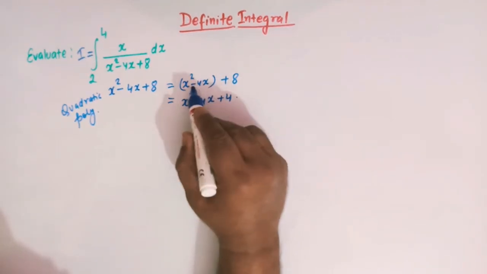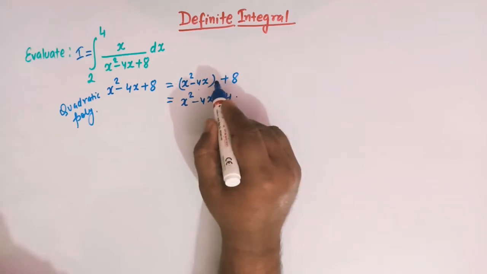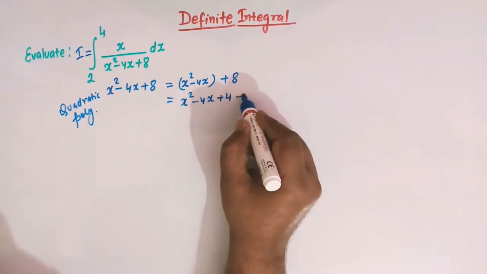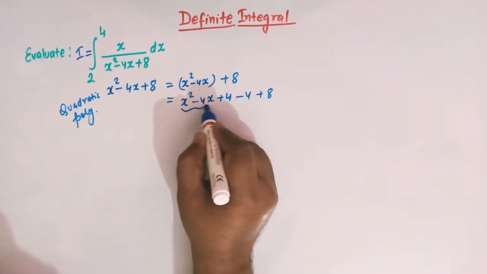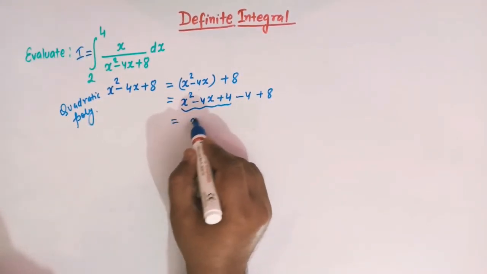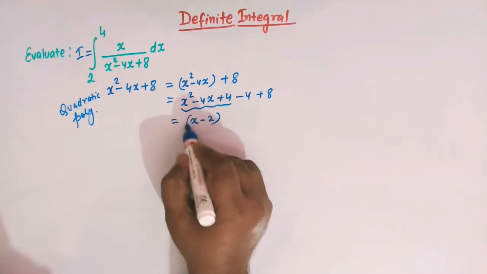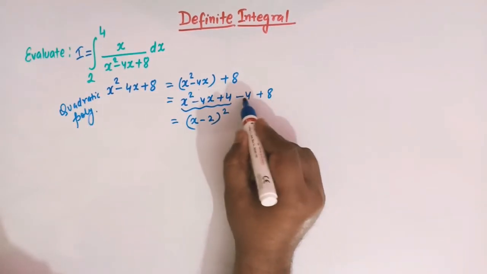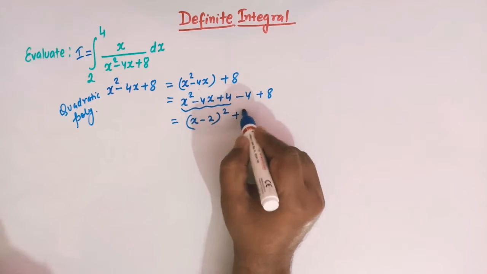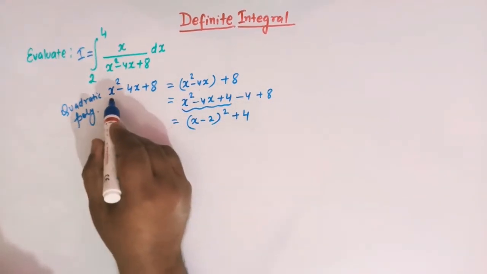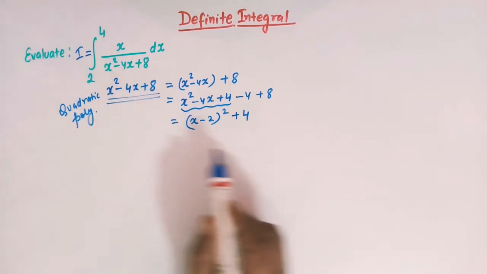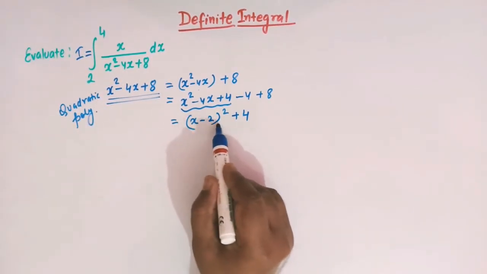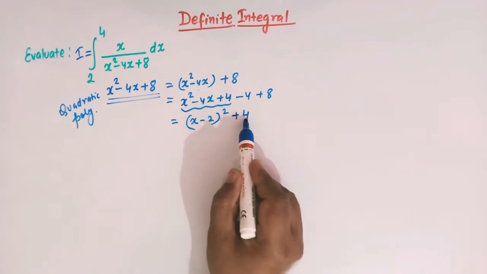So we'll add 4 and subtract 4, so we will write 4 minus 4 plus 8, because now this term becomes x minus 2 whole square, and this becomes 8 minus 4, which is 4. So we have expressed this quadratic polynomial as x minus 2 square plus 4.